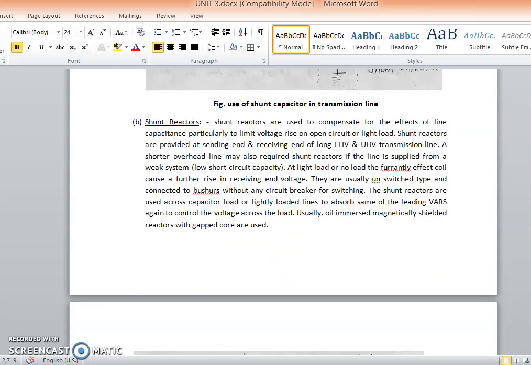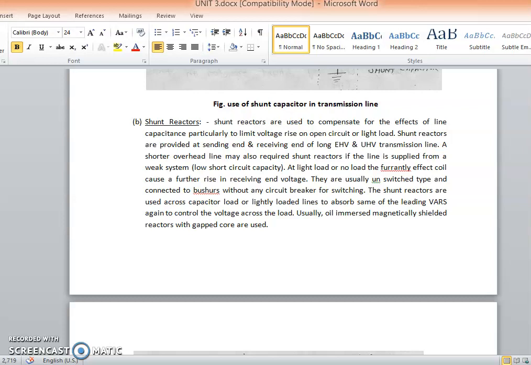Shunt reactors are used to compensate for the effect of line capacitance, particularly to limit voltage rise on open circuit or light load. Shunt reactors are provided at the sending end and receiving end of long EHV and UHV transmission lines. A shorter overhead line may also require shunt reactors.